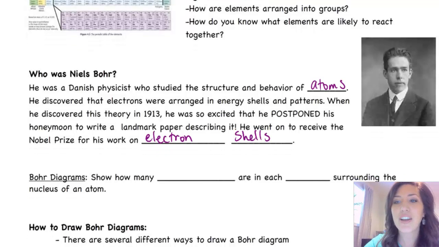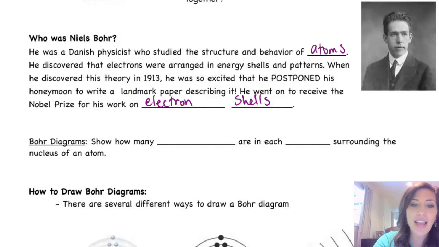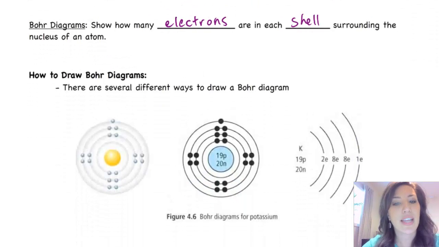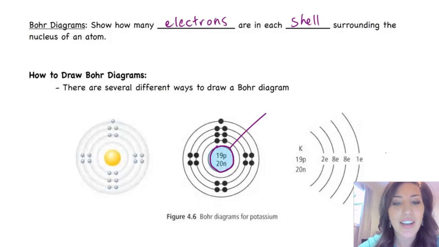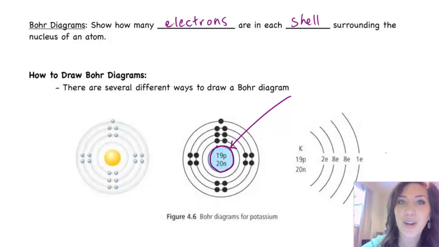So the Bohr diagrams, the things that he invented, show how many electrons are in each shell surrounding the nucleus of an atom. So remember, we talked about this last day, that the nucleus is right smack dab in the center of an atom, and the nucleus has protons and neutrons.